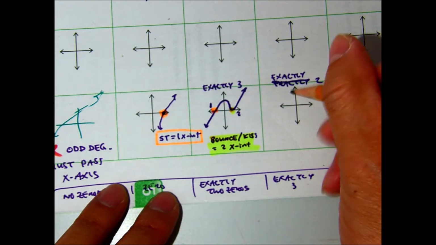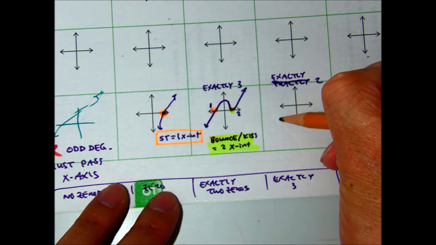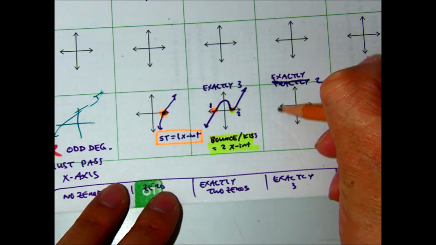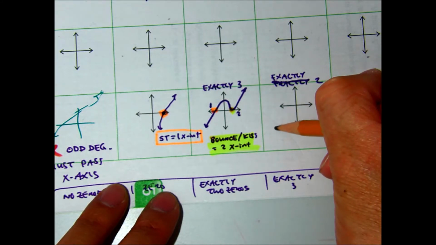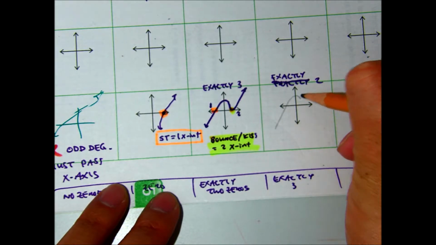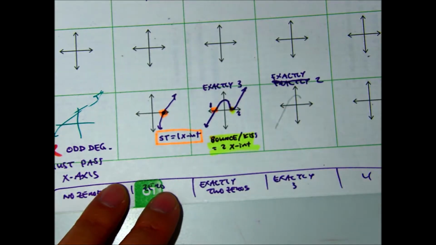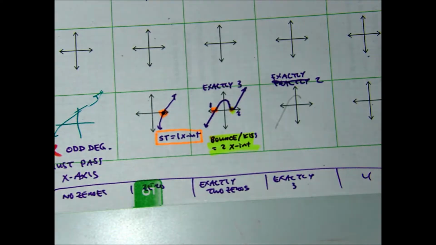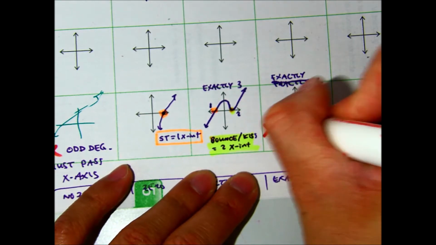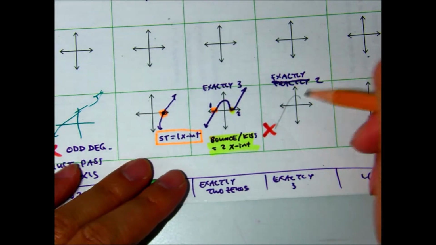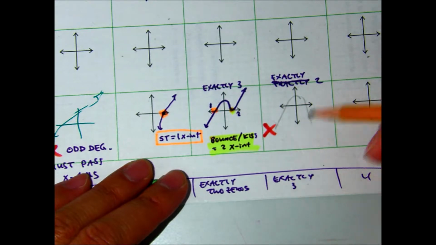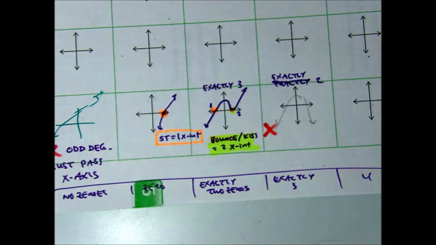That means I need to have at least... can I draw that? I don't want to bounce. I think exactly 2 you can't draw. That makes sense. I know why. Do you see what's happening here? Because if I went down this way, what kind of function do I have now? Even.